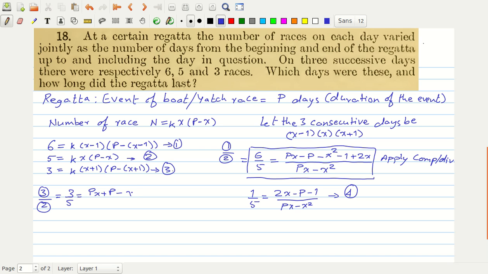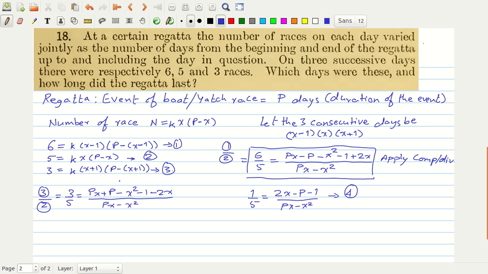So this will be equal to minus x square minus 1 minus 2x divided by px minus x square. Now again we will apply the componendo and dividendo rule.